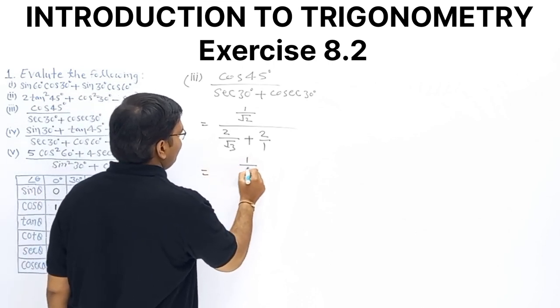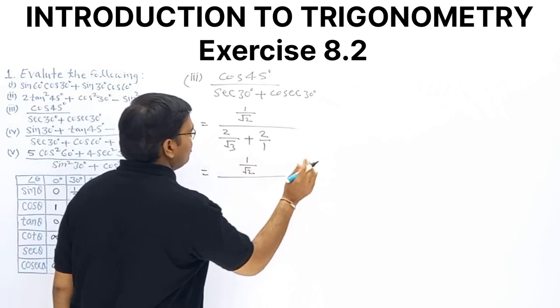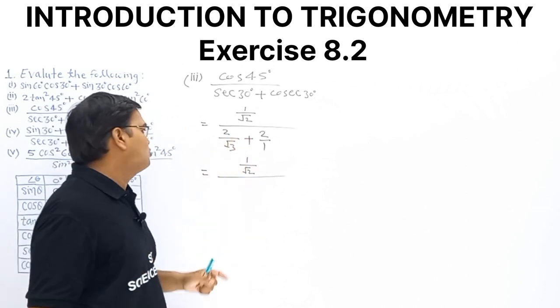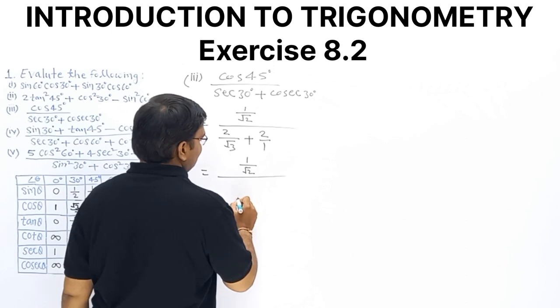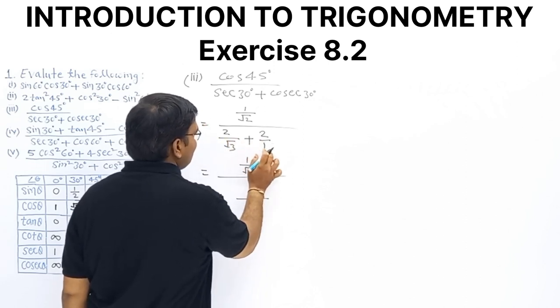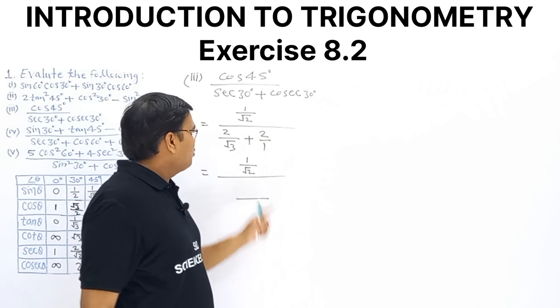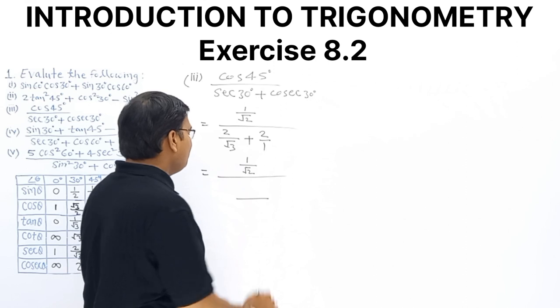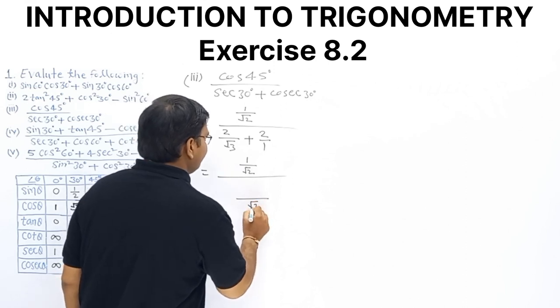How will we solve? 1 upon square root of 2 is in the numerator. In the denominator we have fractions addition. How will we solve fractions addition? Take LCM. This is the denominator for both of these fractions. So square root of 3 and 1, what will be the LCM? Square root of 3.